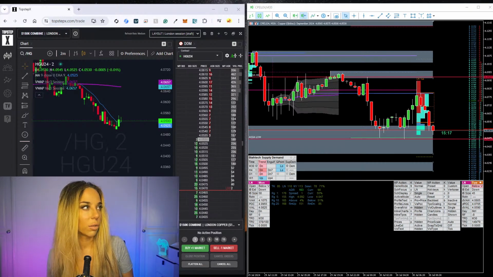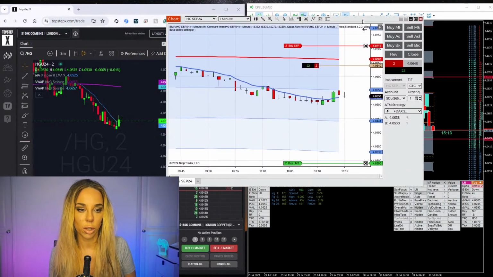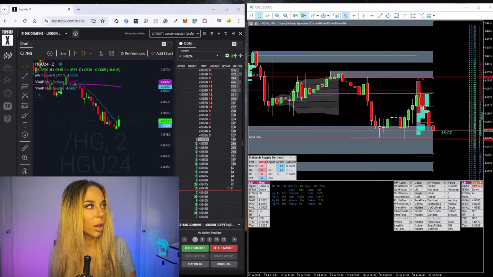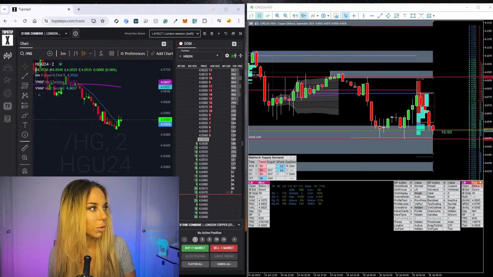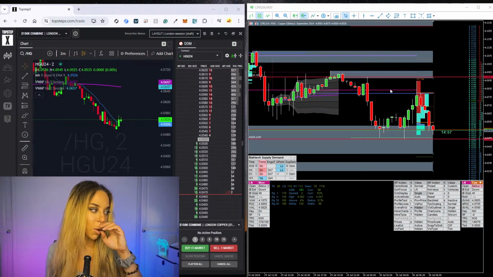And in fact, if I show you what equity volume candles are looking like, this is quite a lot of volume here, so I'm going to close that out in the combine over here too. And that'll be it.